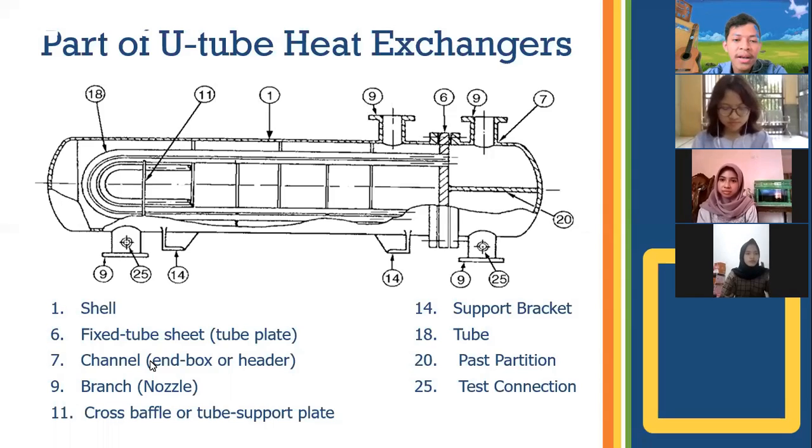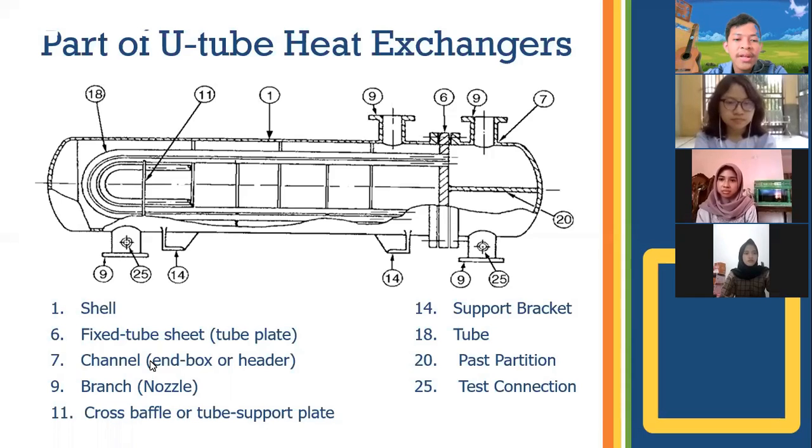Number 7, the channel, is the part of this tool that reverses the direction of fluid flow in the U-tube exchanger. Number 9, the branch or nozzle, is the tool component that is the fluid inlet and outlet into the shell and tube.